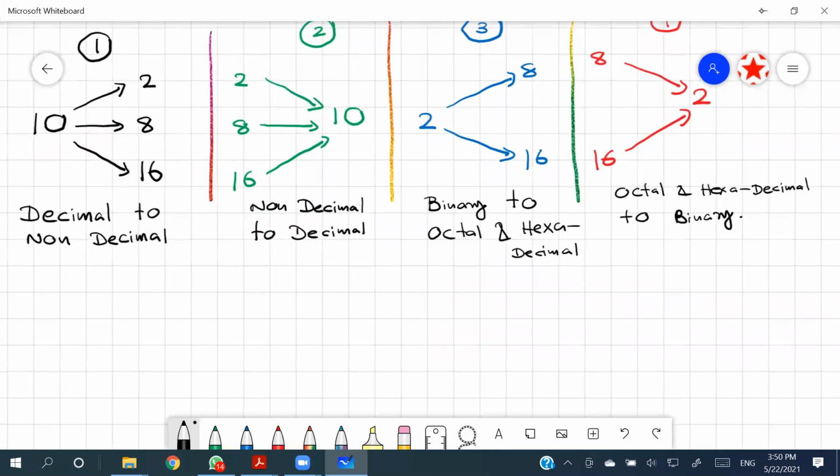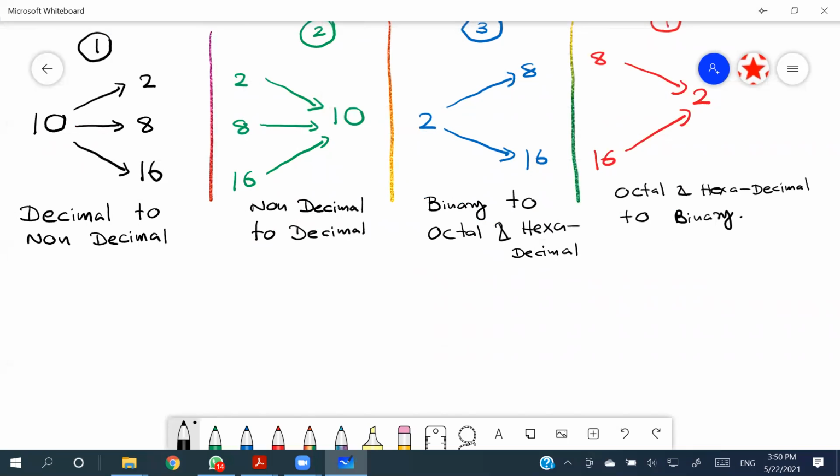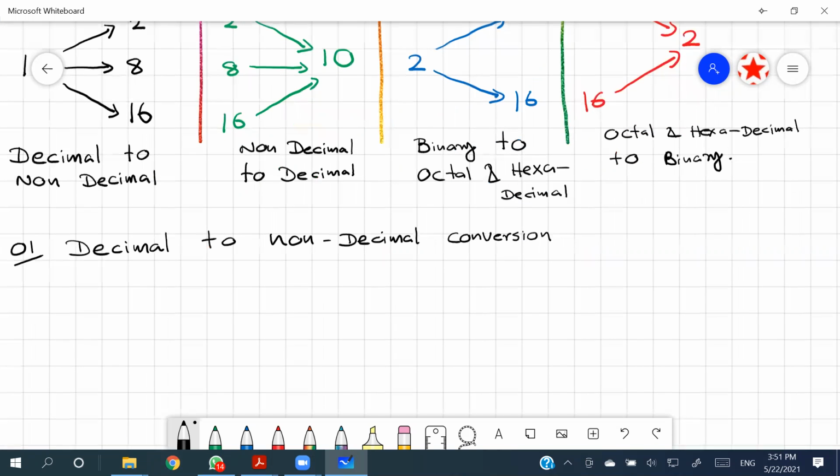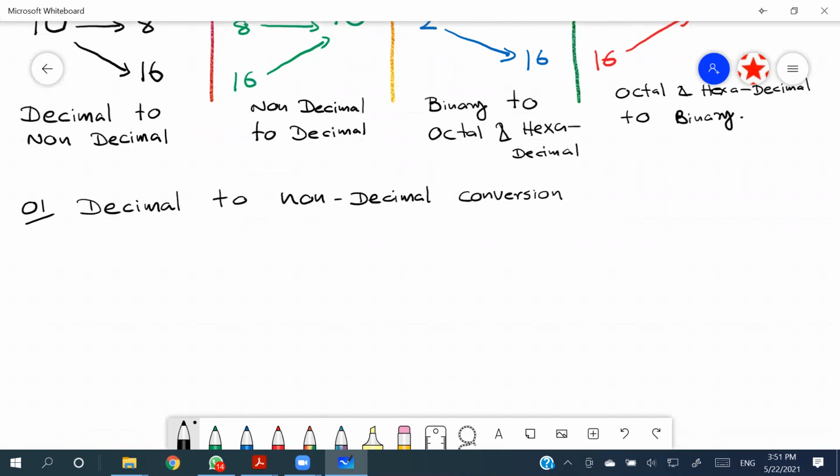Now, the first conversion: decimal to non-decimal conversion. Number one, decimal to non-decimal conversion. Now, learn the technique and hear me out clearly.